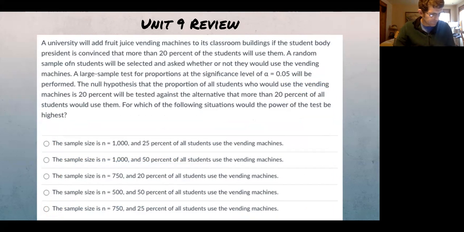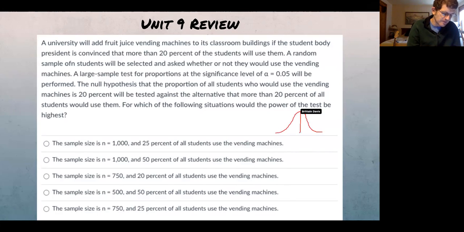Okay. So we've got a question here about, we're about to run a test, and how would we increase the power of our test? This is maybe where I need to spend a little bit of time reminding you that we have a null hypothesis that the true population proportion is somewhere.